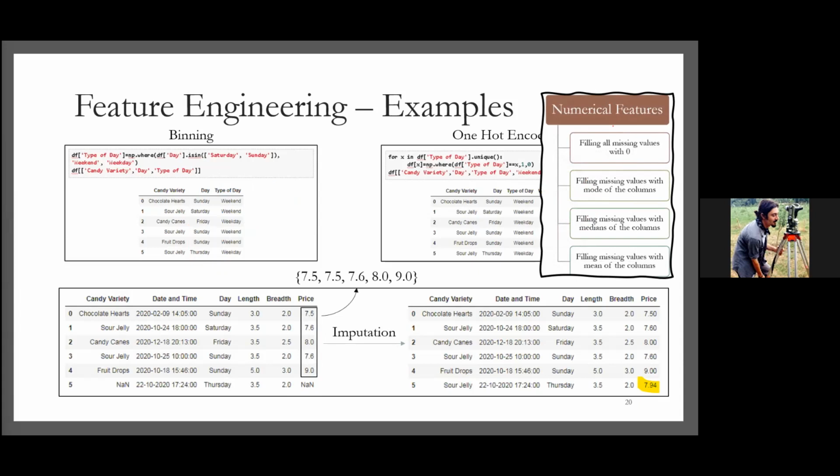Or we can use the mean of the column, which is 7.94 for this case, or we can use medians or modes. But first, we need to write down all the numerical values in ascending or descending order, and then we can choose the median and put it into the missing values. Or we can choose the mode, which means the most frequently occurring value in that particular column.